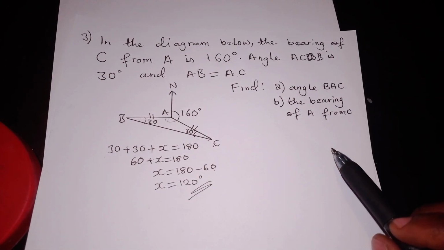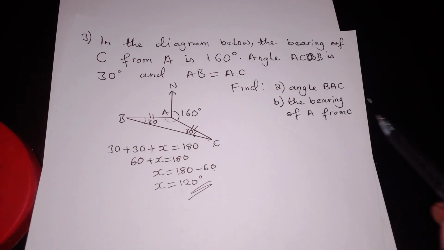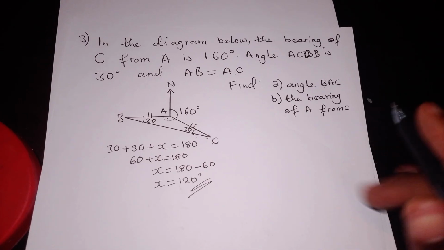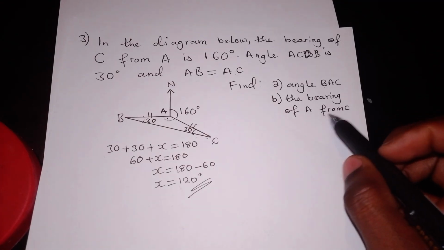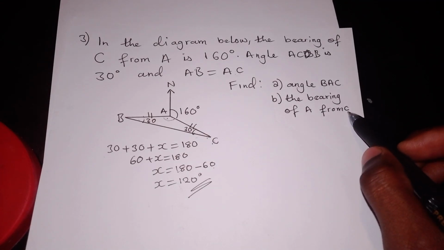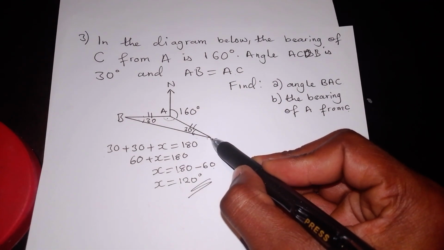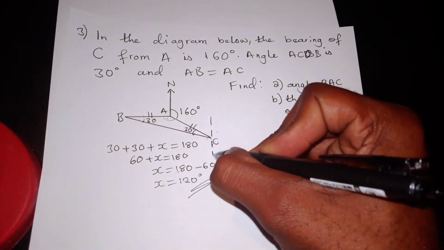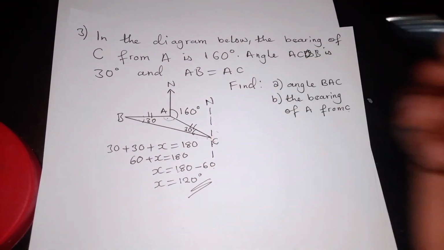And then find the bearing of A from C. Remember, the procedure is still the same regardless of the shape you've been given. So the bearing of A from C, just go to C. Here is your C. Draw a north line parallel to this, like this. You can call it north.